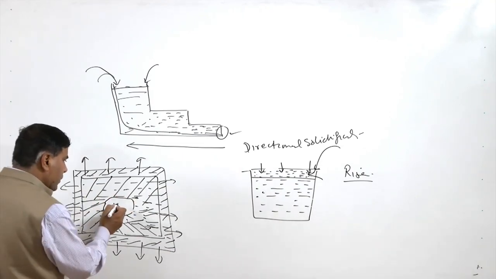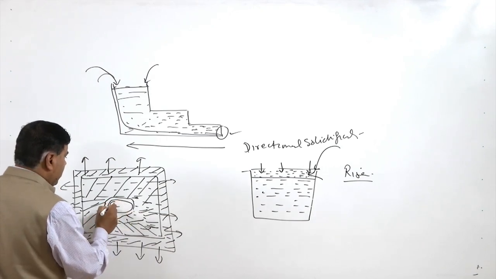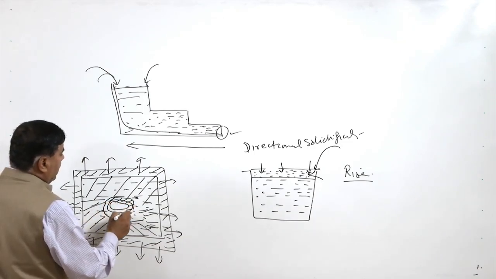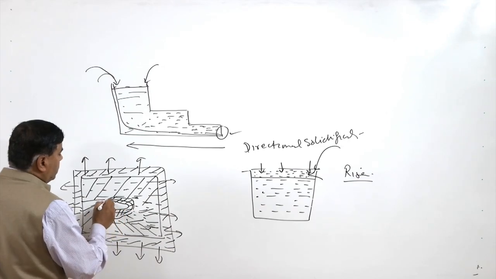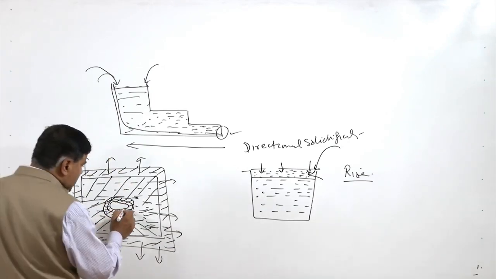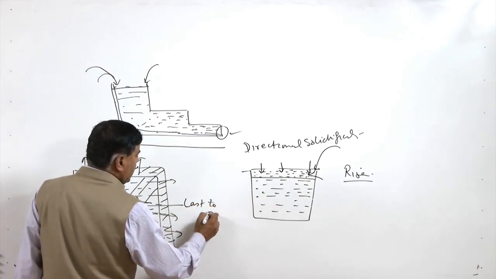When this starts solidifying gradually, at the end we will find that this is the space which is left to be filled in, but this could not be filled due to the presence of solid metal from all the sides, and this is the region which is last to solidify.